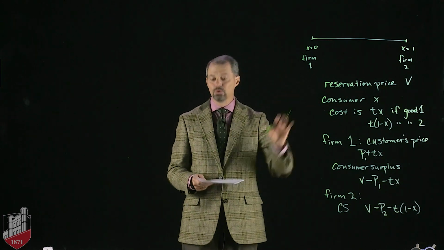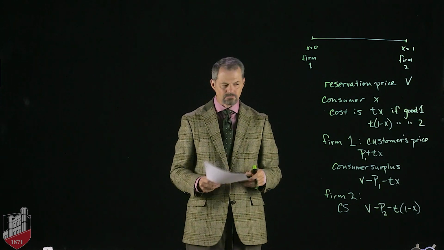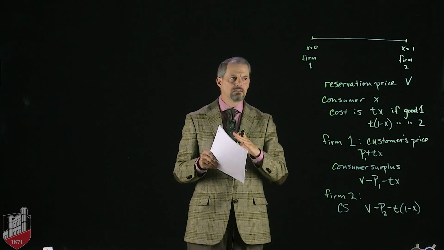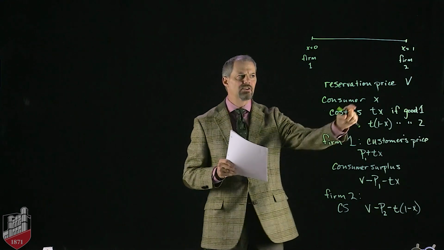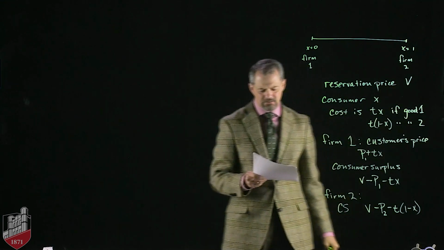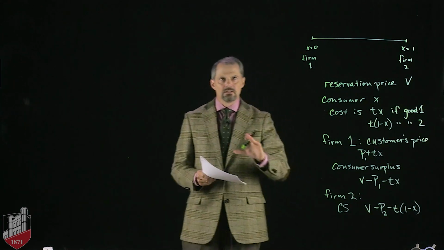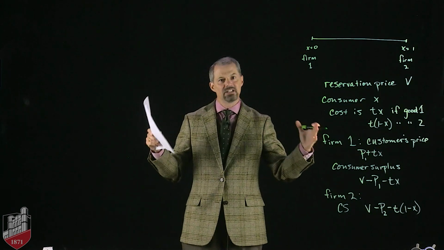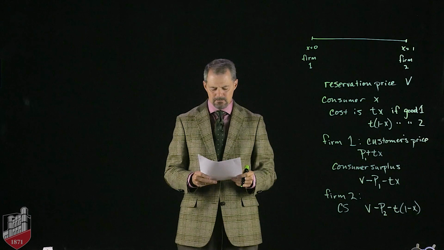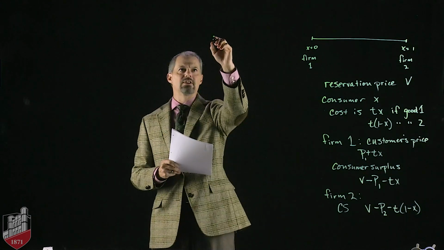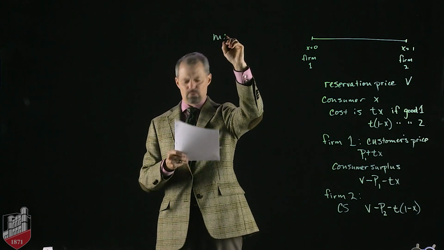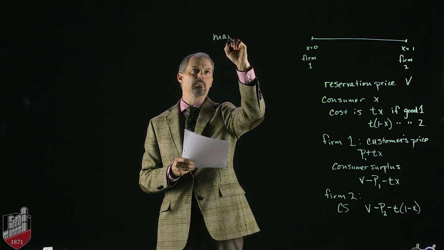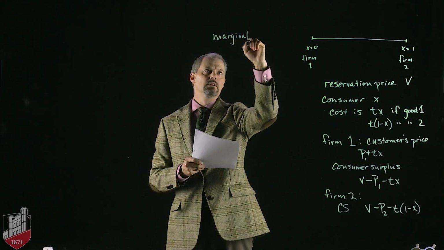And they're going to choose simultaneously. To keep it simple, we're going to assume that V is big enough that every customer in the market is served. Okay. Now, what we want to do is we want to consider the marginal consumer.